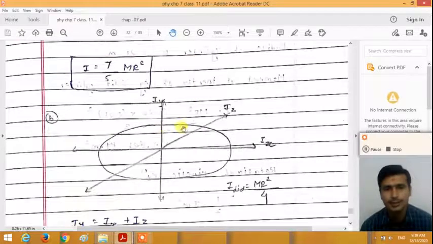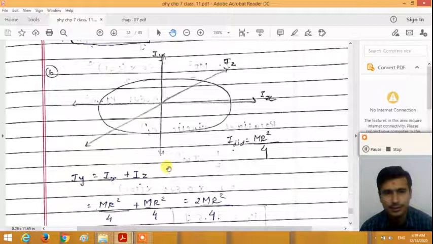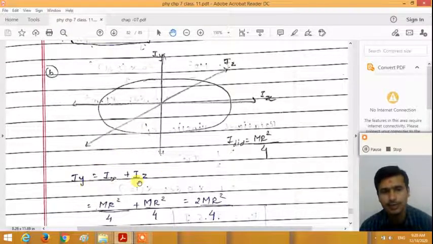So here in the case of the disk, the moment of inertia about any diameter is given to you, mr square by 4. Now we know that the moment of inertia of any axis, Iy is equal to Ix plus Iz. So here if we consider Iy, the y-axis is the moment of inertia passing through the center and perpendicular to the disk, right?